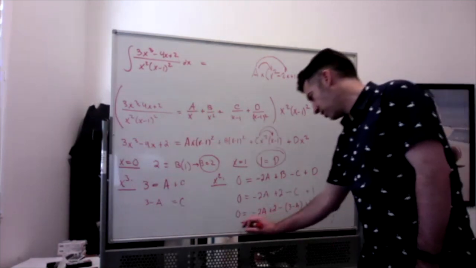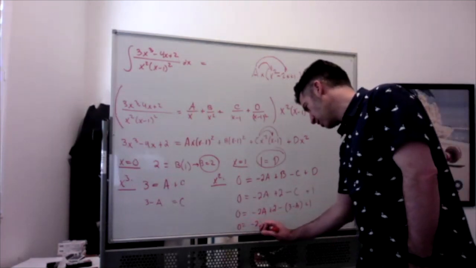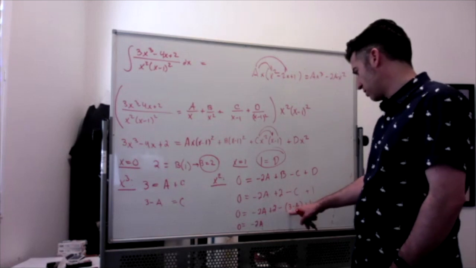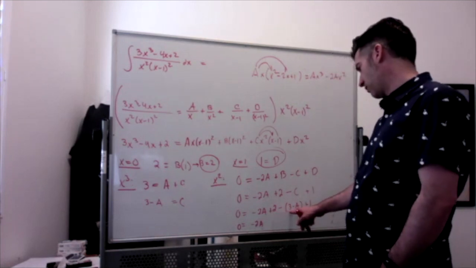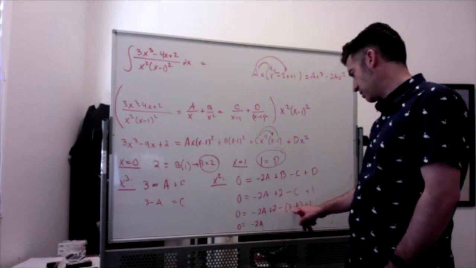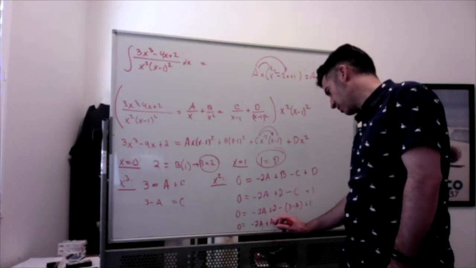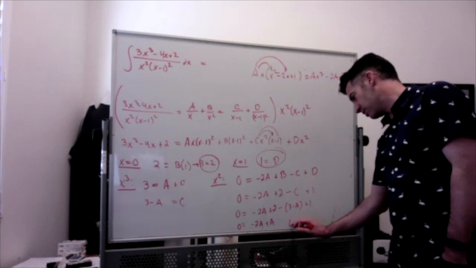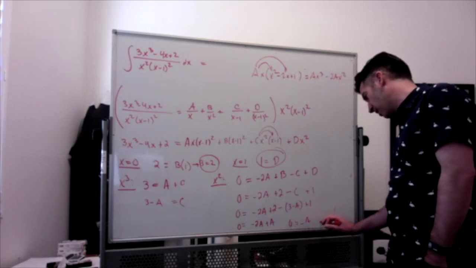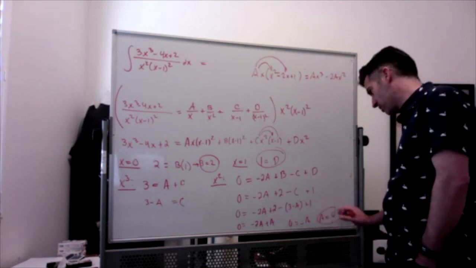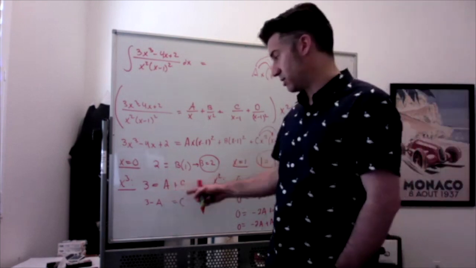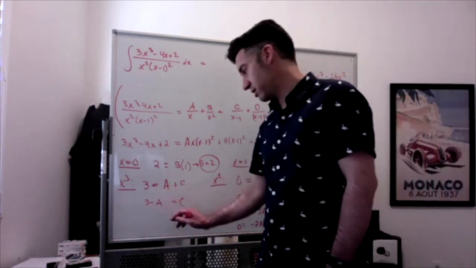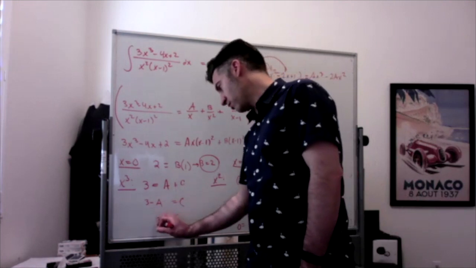Let's see what we get. We get 0 equal to minus 2a. 2 minus 3 plus 1 is 0, right? 2 minus 3 is negative 1, plus 1 is 0. And then minus a minus a is a plus a. So I end up getting 0 equal to negative a, so a equals 0. It's not very exciting. Then if a equals 0, we also know what c is. A plus c is 3, c equals 3 minus a, so c equals 3.